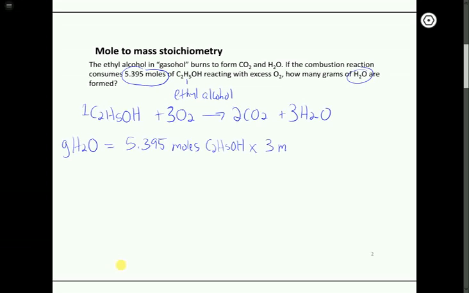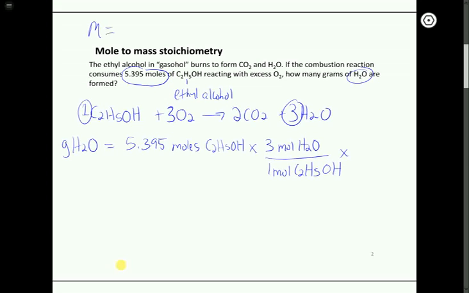So 3 moles of H2O is going to form for every 1 mole of C2H5OH that reacts. That comes from the coefficients in the balanced reaction. 3 H2Os, 1 C2H5OH, and then finally we have to convert into mass of water. We're not given the molar mass of water, we need to determine that here.